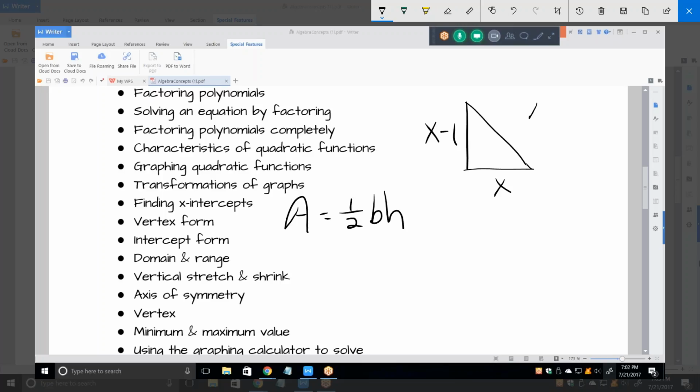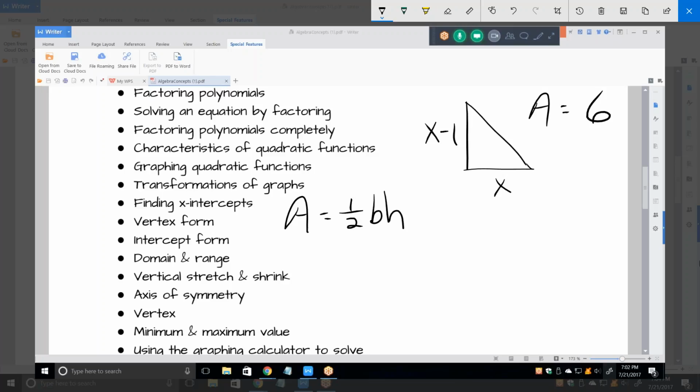And they're going to say the area is 6. Figure out what x is. And this is where we use the algebra. In other words, this is a combination of geometry and algebra.